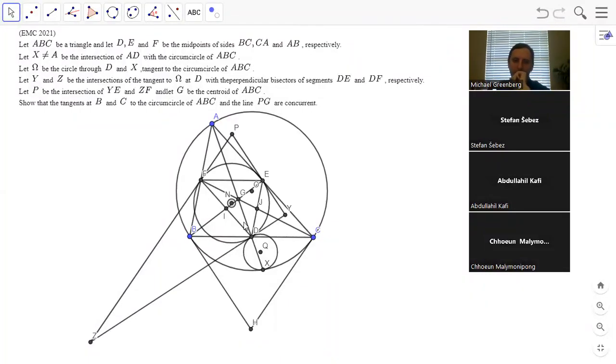We could start with the nine-point circle, draw the tangents, and then we could try to show that this is tangent to it, or that there is a circle through D and X that's tangent.